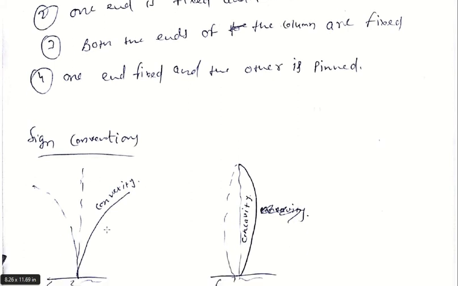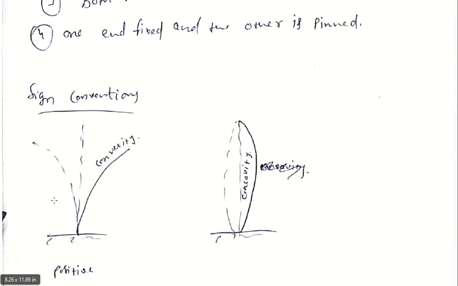And we are using some sign convention. Here is the convexity, that means the column is bent. Suppose one end is free, so it will bend like that from this side or this side. This is the positive moment, and this is the concavity figure. If both ends are fixed or hinged, here is the deflected shape of the column.